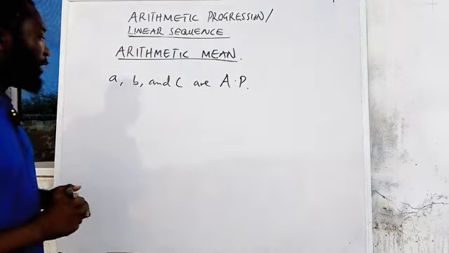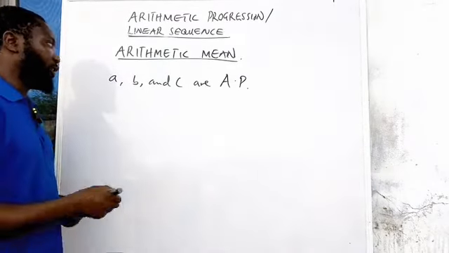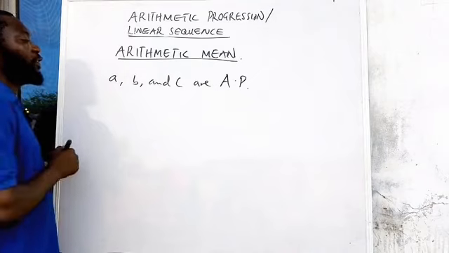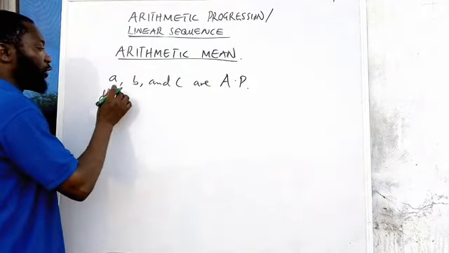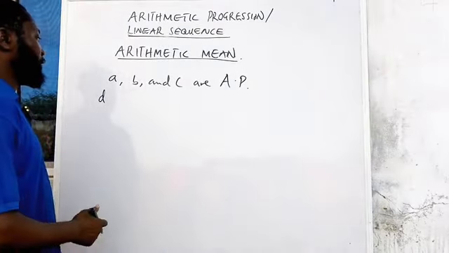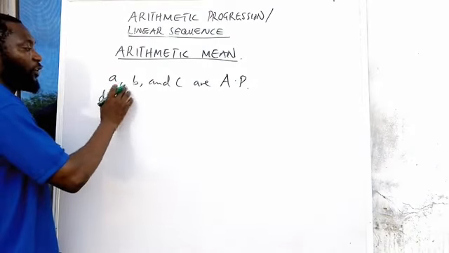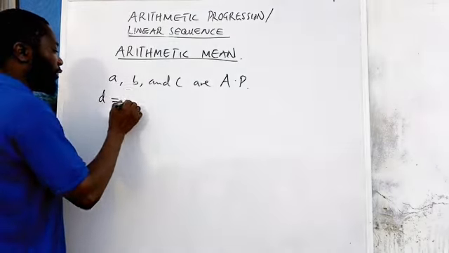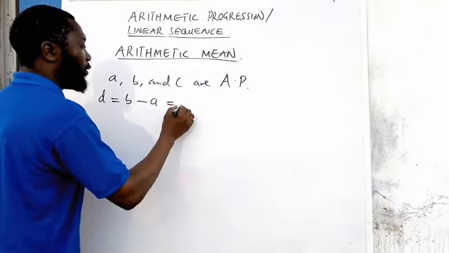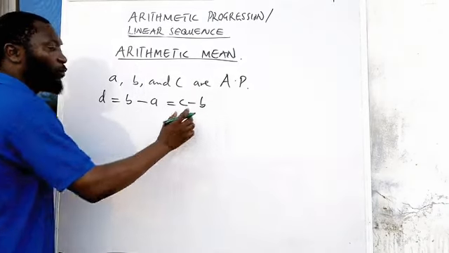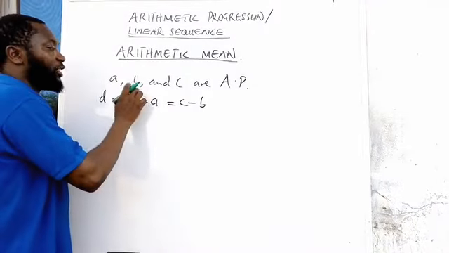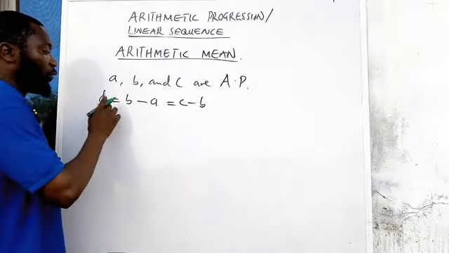Now, how do we find the arithmetic mean between two terms? Since this is AP, it means the common difference of these terms, since when we are talking about AP, we are talking about common difference. The common difference will either be B minus A or C minus B. To determine the value of B, which is the arithmetic mean of A and C, we want to derive the formula.